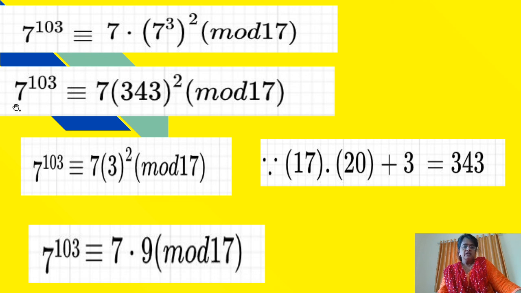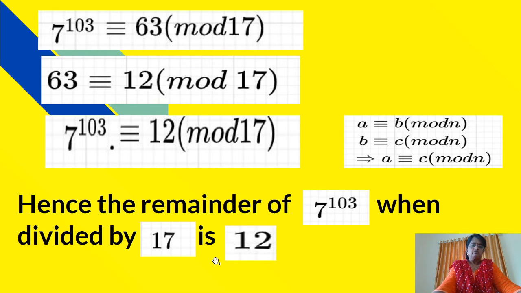Now this 343 can be split as 17 times 20 plus 3, which is equal to 343. Hence from this equation we can write 7^103 is congruent to 7 times 3^2 mod 17. That is 7^103 is congruent to 7 times 9 mod 17, which is equal to 7^103 is congruent to 63 mod 17.